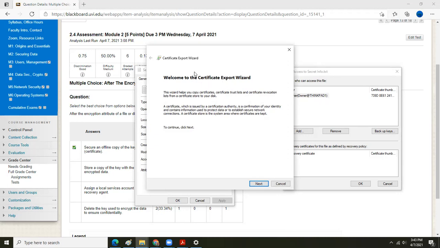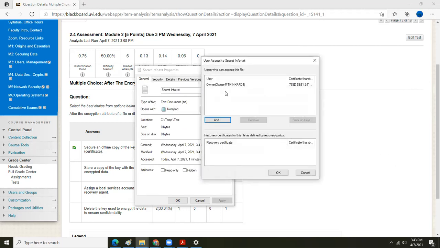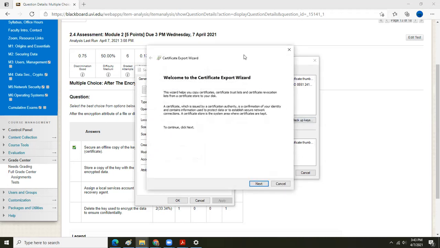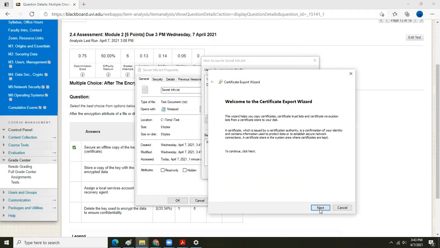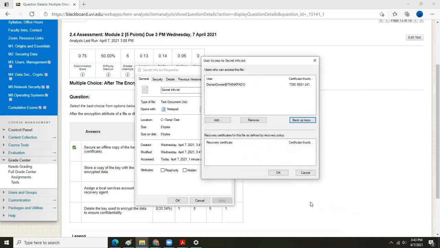So it's not going to pop up every time you enable. But you can basically do it again by clicking a little further on the details. So if you go to details and then select, and then click backup keys, you can do the same thing that it recommends, creating a backup key that was used to encrypt that folder, right?